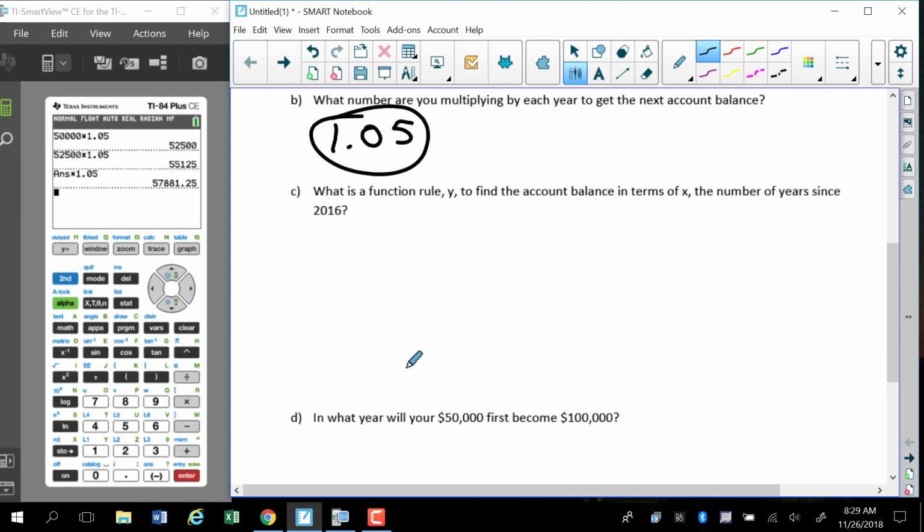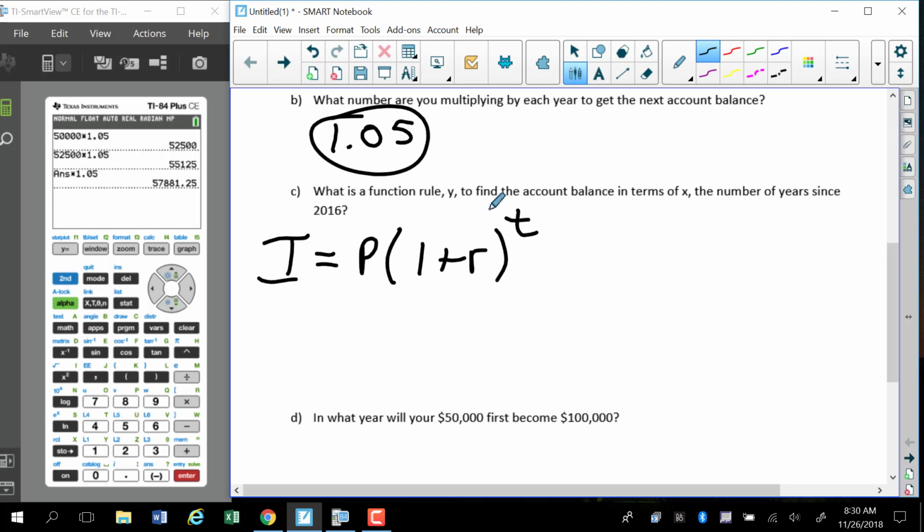And here's where the function rule comes in. The way this function rule works is your total interest, typically used by the letter I, is going to be your principal, your rate, and your time.